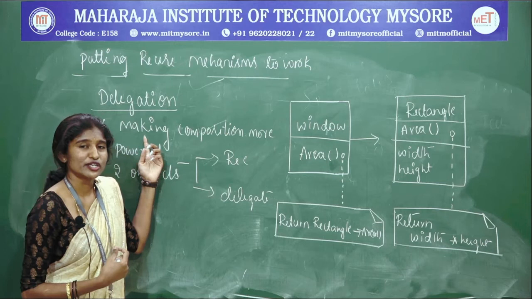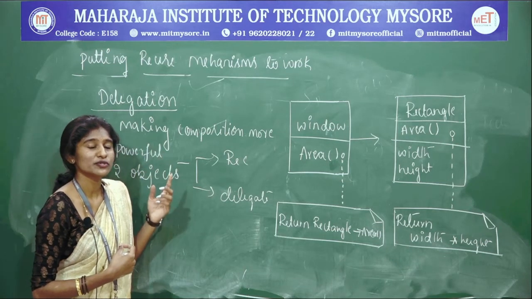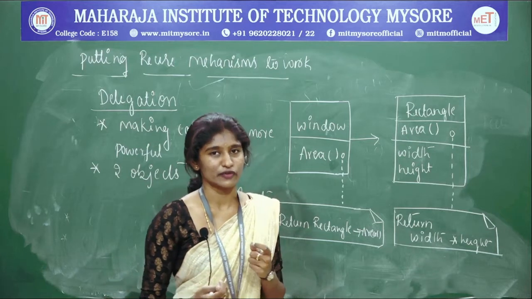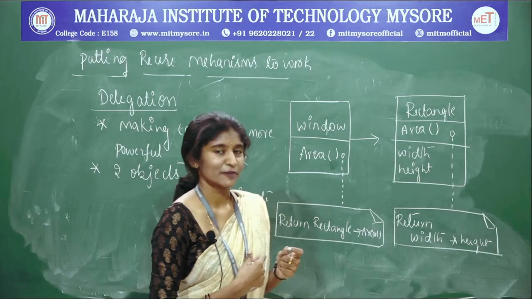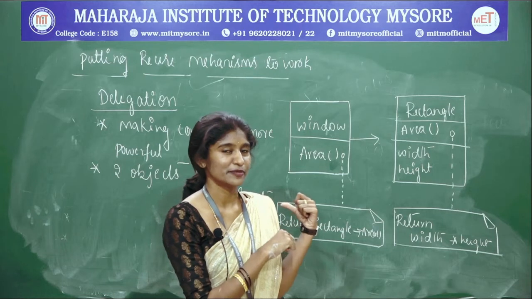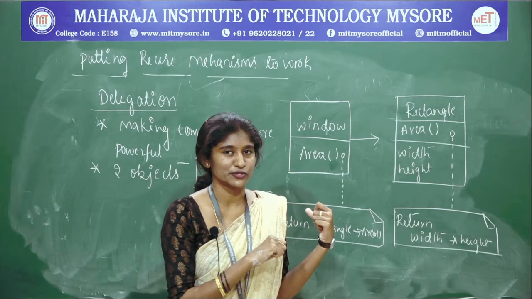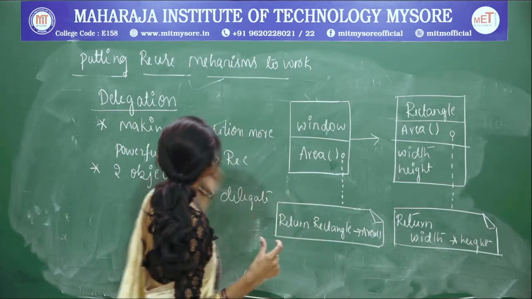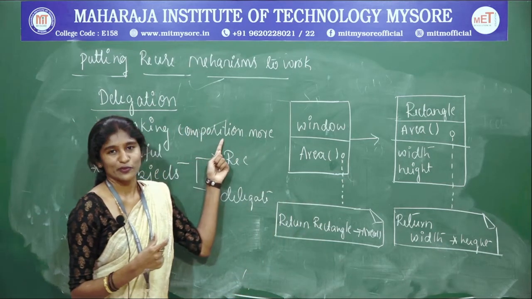So why do we need delegation? Delegation makes composition as powerful as inheritance. Inheritance is powerful, right? In order to make the composition that we discussed previously, in inheritance versus composition, more powerful, delegation is going to cooperate with the composition.